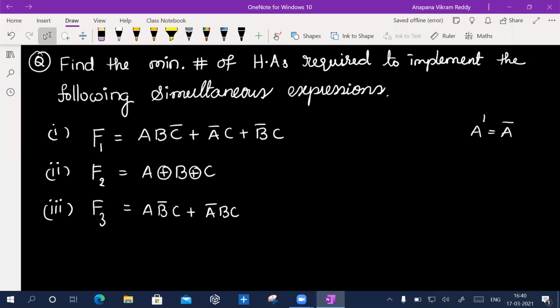Find the minimum number of half adders required to implement the following simultaneous expressions. You need to show these three expressions 1, 2, 3 with half adders. So how many half adders do you think are required?